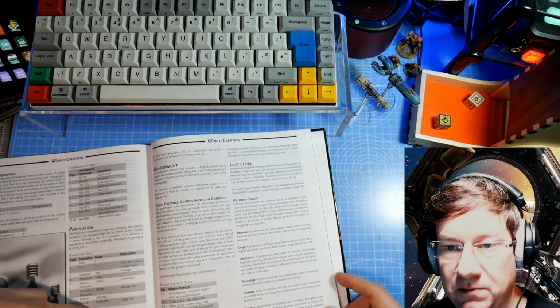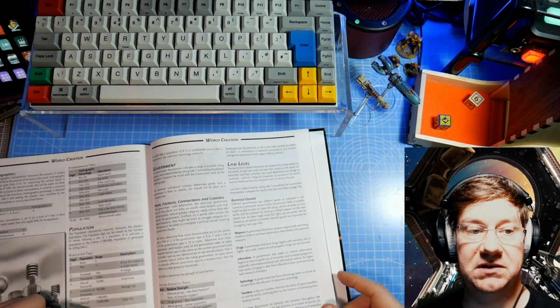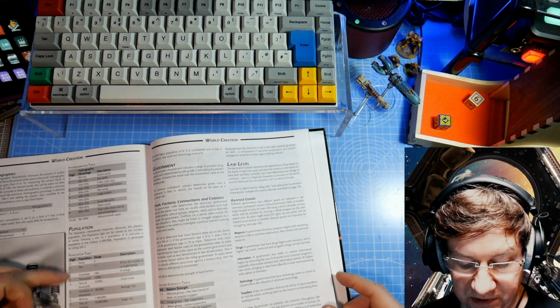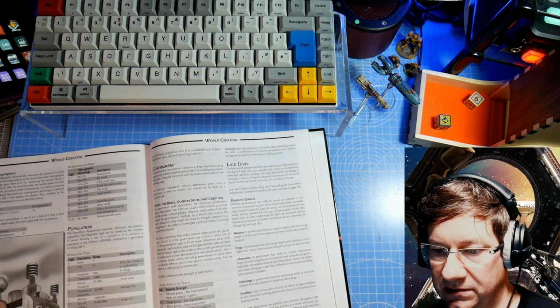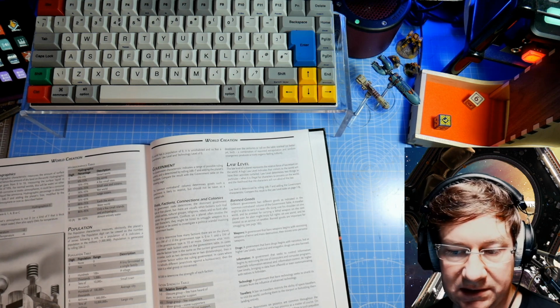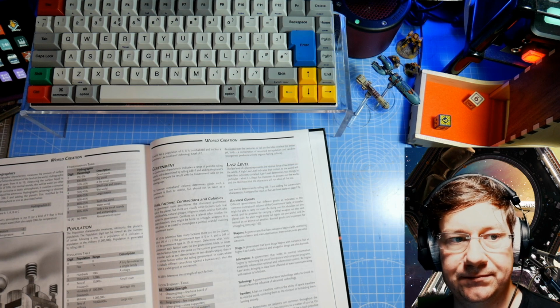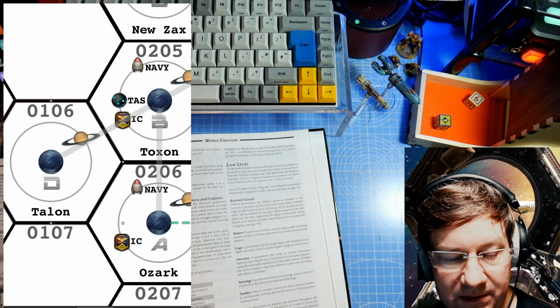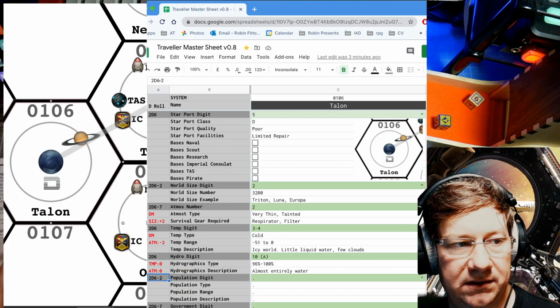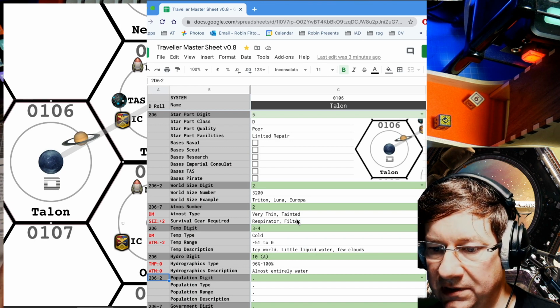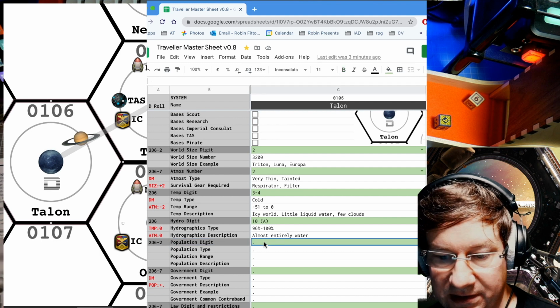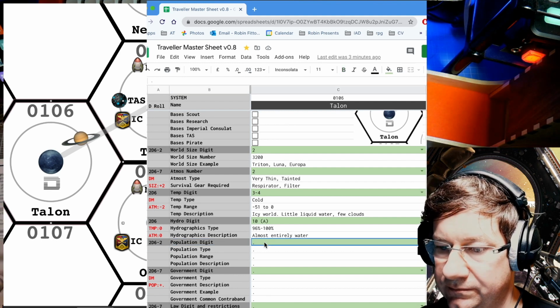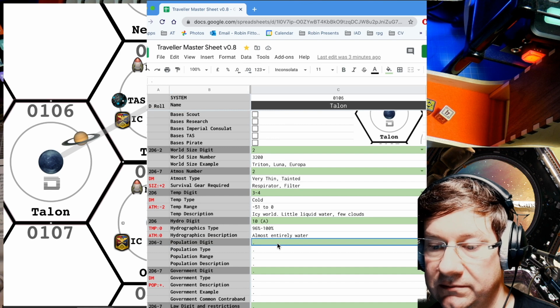So if I do a big population here, then obviously they're not necessarily all on this frozen rock, or they could be on some sort of base on there. But it is a straight 2d6 -2 for population as detailed on the list here. So let's fire that up. Yep, so population is just a neat 2d6 as detailed here. So I should roll that. I've got a 10. Wow.